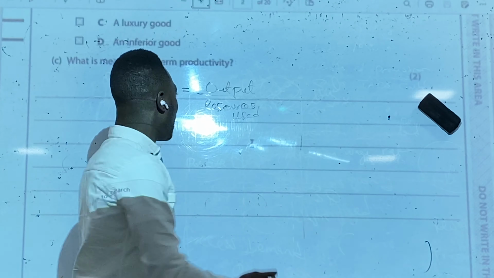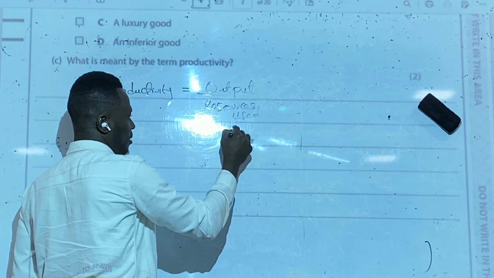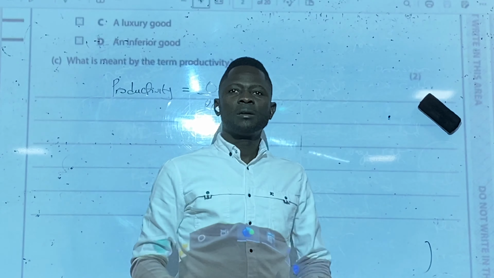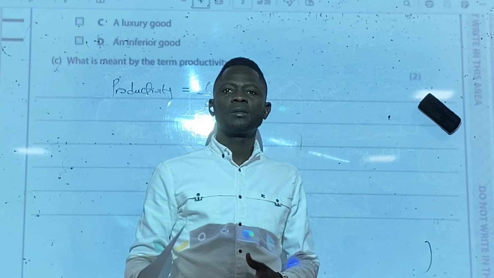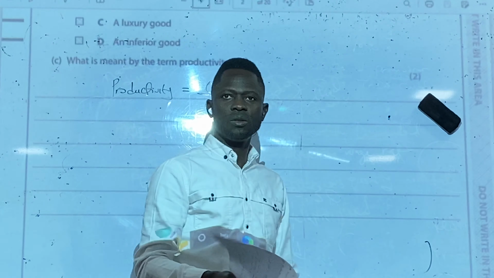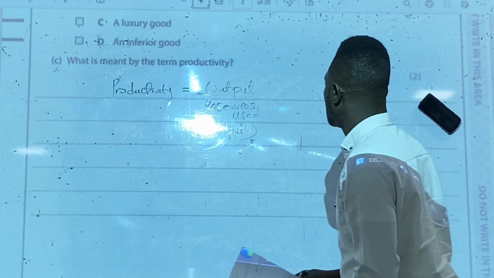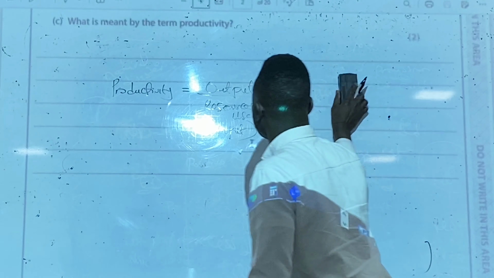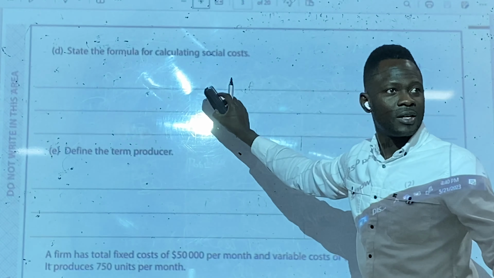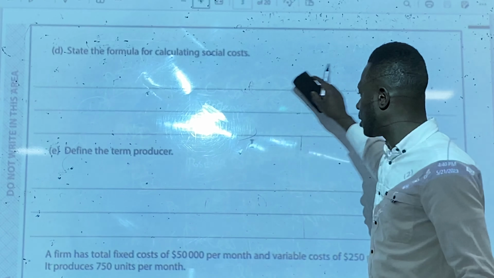It's still the same, output over input. The number of output produced in relation to the resources used. You write the formula, it's fine. It will still give you the mark. Is it clear, please? Yes. Shall we move on? Yes.